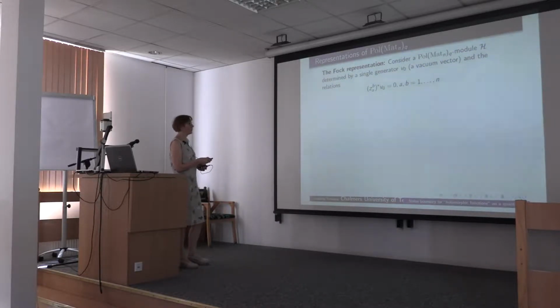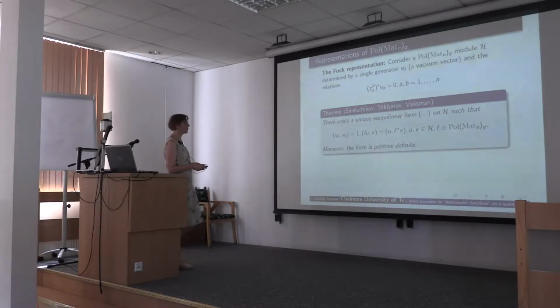It's defined in the following way. We consider the Fock module H, which is determined by the generator v_0, which we call the vacuum vector. And this vacuum vector has the property that it's annihilated by all anti-holomorphic generators, so z_AB star v_0 is equal to 0.